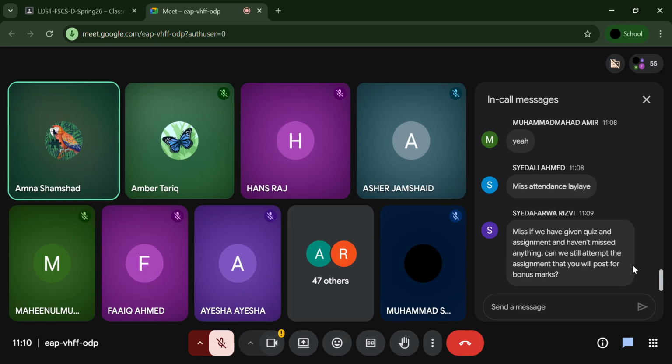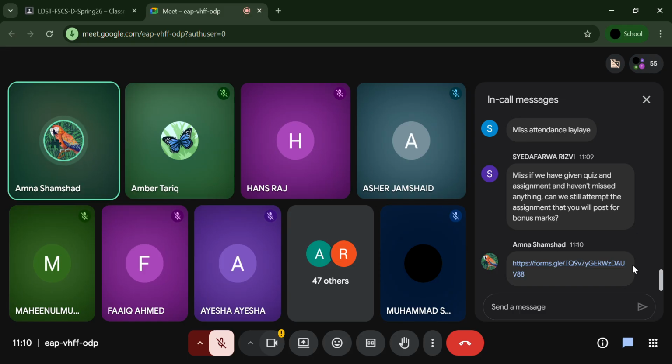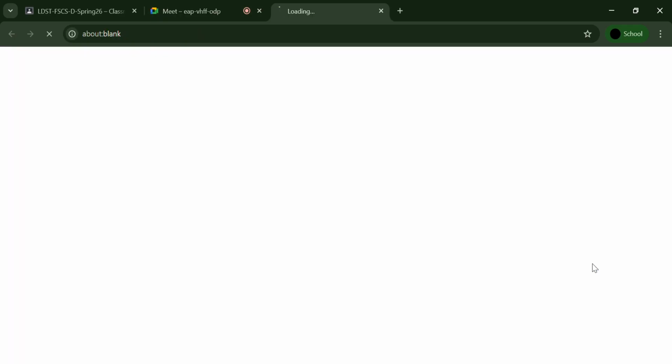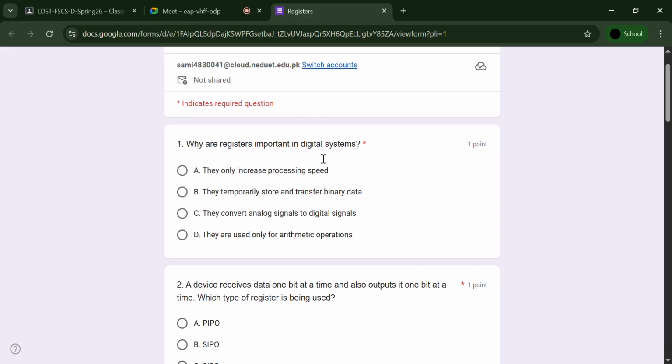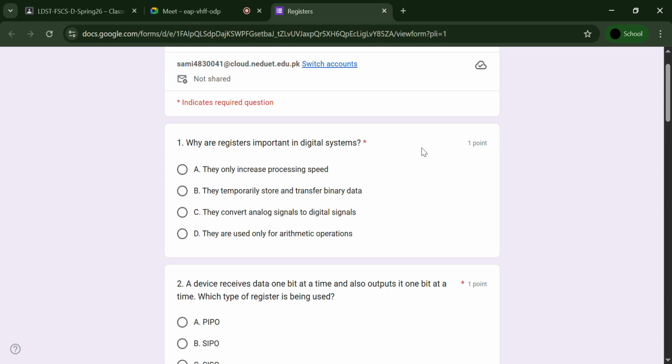I'm sharing it at 11:10, so I will not take any responses after 11:20. Quickly join the link and start solving. I will not grade any responses that I receive after 11:20.